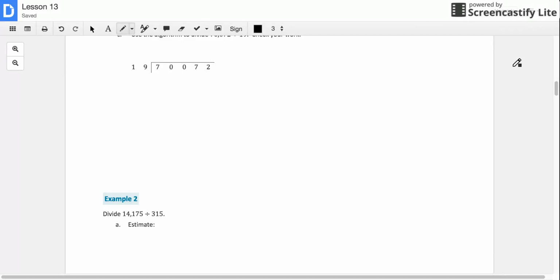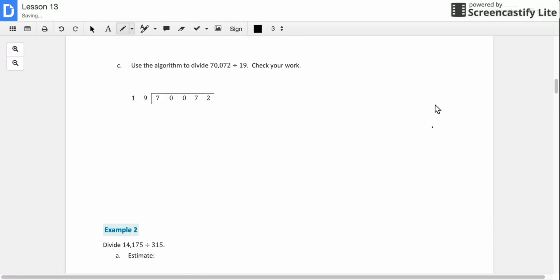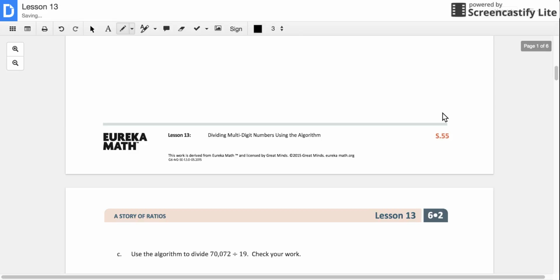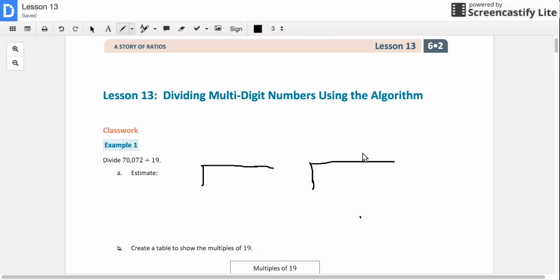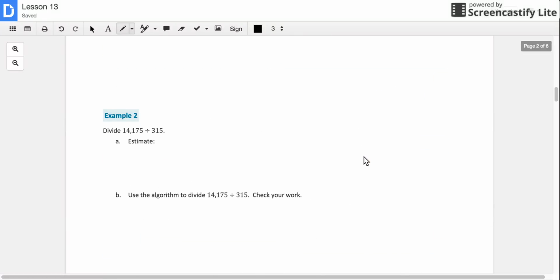We can refer back to our table. Referring back to our table, if we have 70 to work with, we can't make 4 groups, but we could make 3 groups.